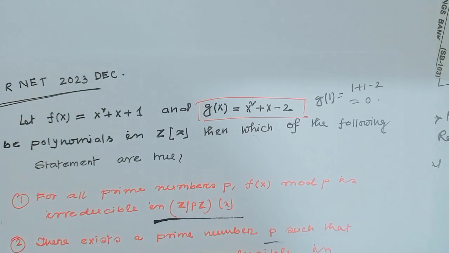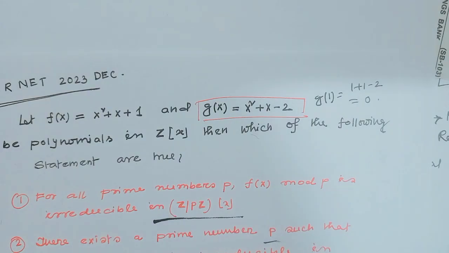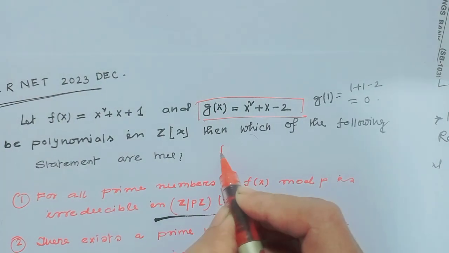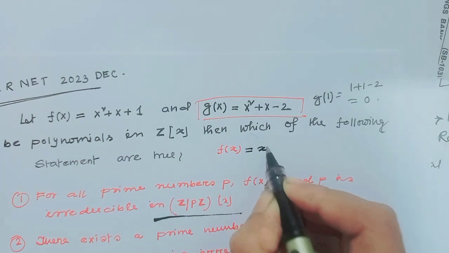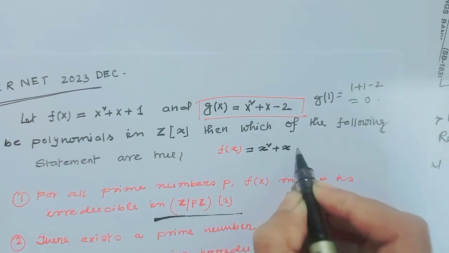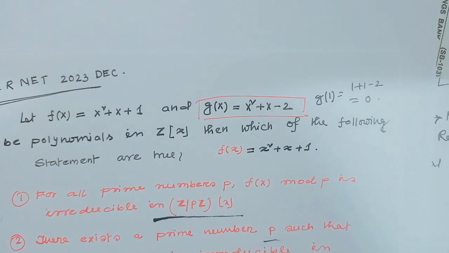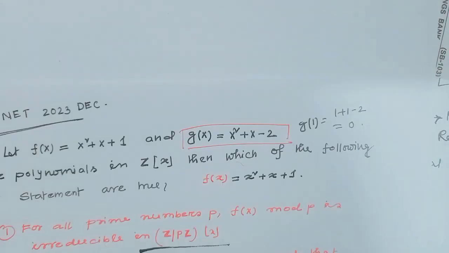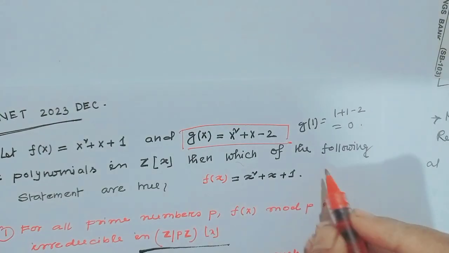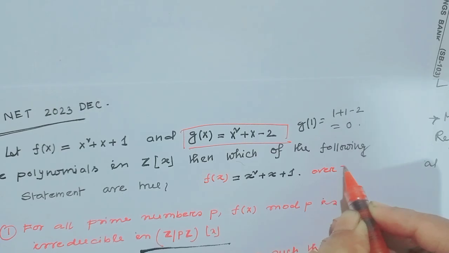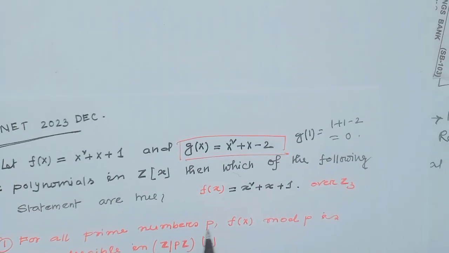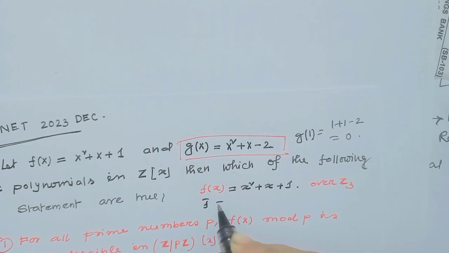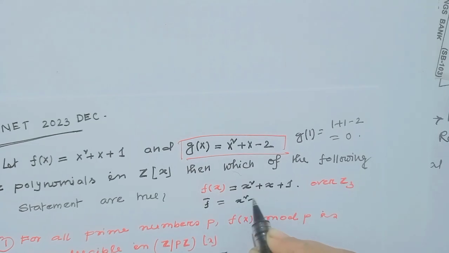Notice here f(x) = x² + x + 1 and over Z3, f bar would be the same after reducing.